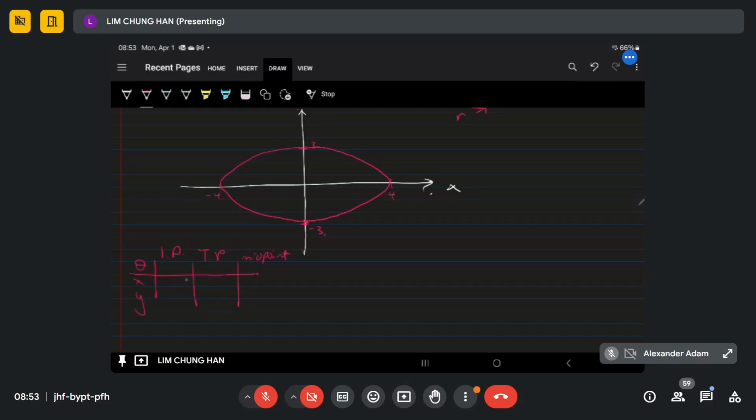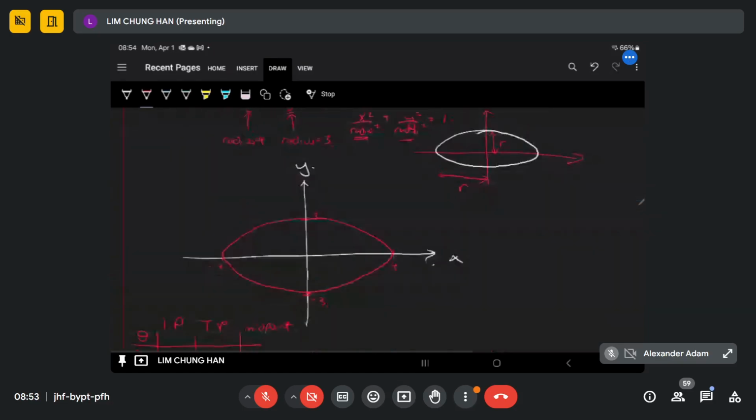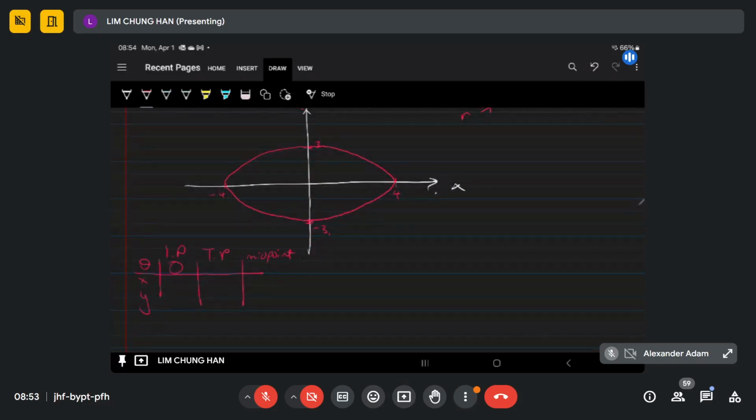Okay, so theta, X, and Y. So theta goes from where? Theta starts where? 0, right? Theta goes from 0 to 2 pi. So we know it starts its journey at theta equals 0. So that must be the IP.